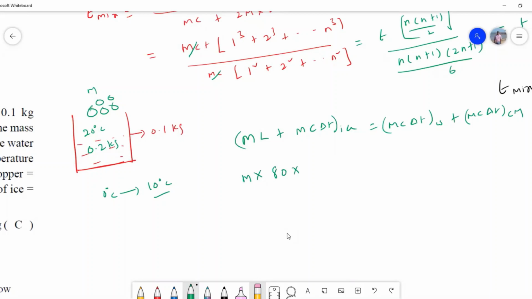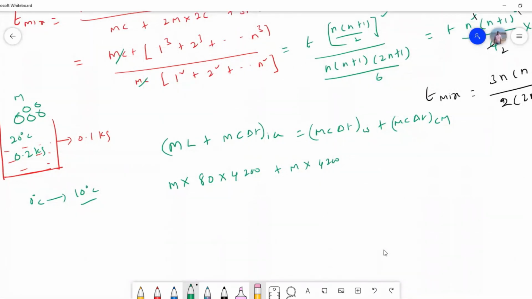Convert into joule per kg, multiply with 4200, plus mass m, specific heat of water is 4200 joule per kg per degree centigrade, into change of temperature 0 to 10. So multiply with 10, because initially the temperature is 0, now raised to 10, which is equal to, again, mass of water 0.2.